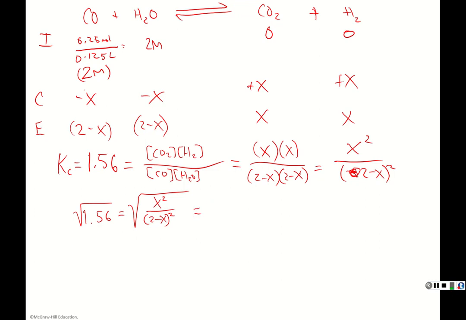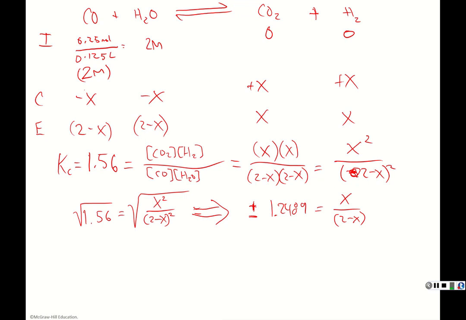Once you do the square root of both sides, you get 1.2489 equals X over 2 minus X. And technically it's plus or minus, because you could have a negative value for X, and because it's squared, you would multiply a negative by a negative and get a positive.